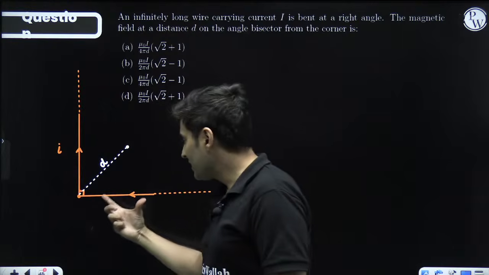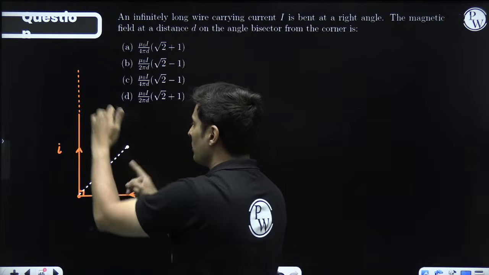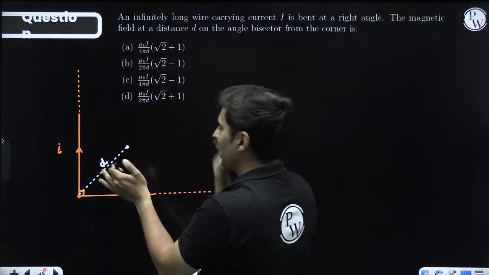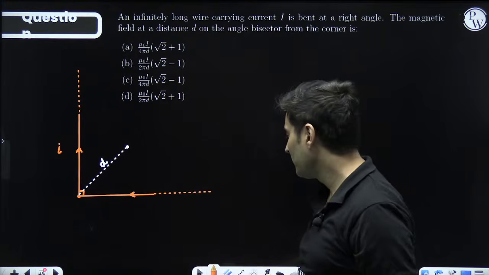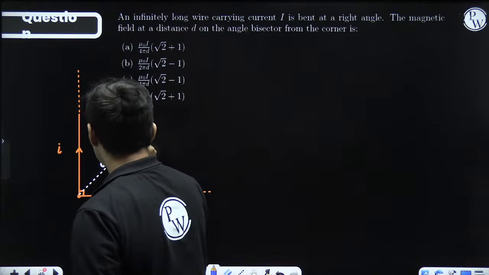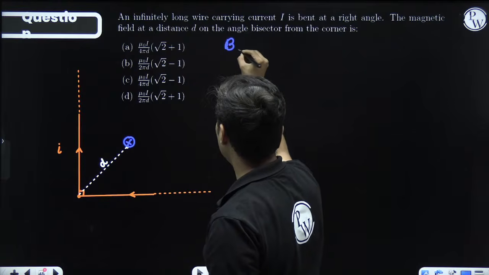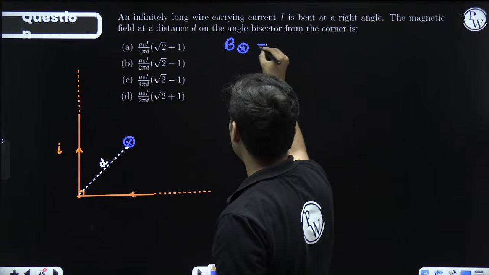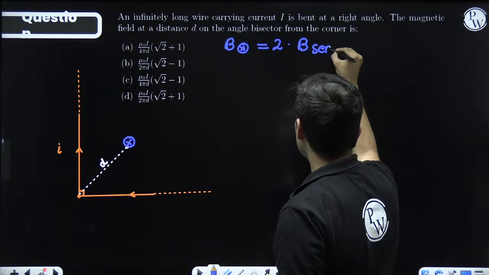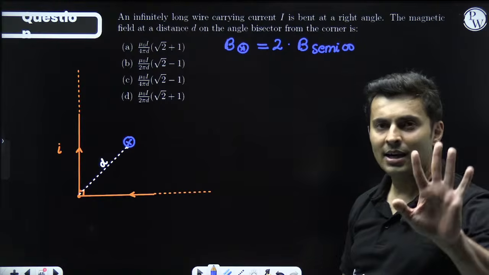So I can say whatever contribution this wire is doing here, the same contribution this wire is doing here, because both of them are semi-infinite wires at the end of the day. So I can easily say that the net magnetic field at this point is 2 times the magnetic field due to a semi-infinite wire. Agree or disagree?